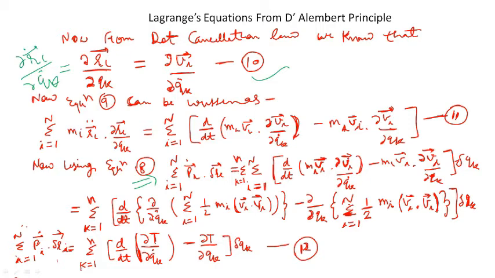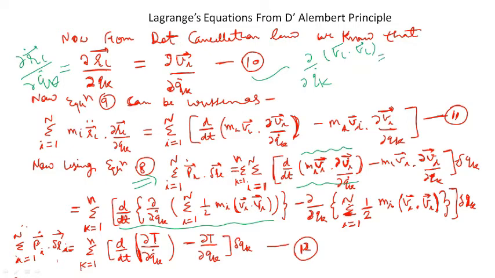Right, how we can write this term, d/dt of mi vi dot ∂vi/∂qk dot, as this term. Let us start to find the value of this term, mi vi dot ∂vi/∂qk dot. Now how can I find this value? Let us start with ∂/∂qk dot of vi dot vi.